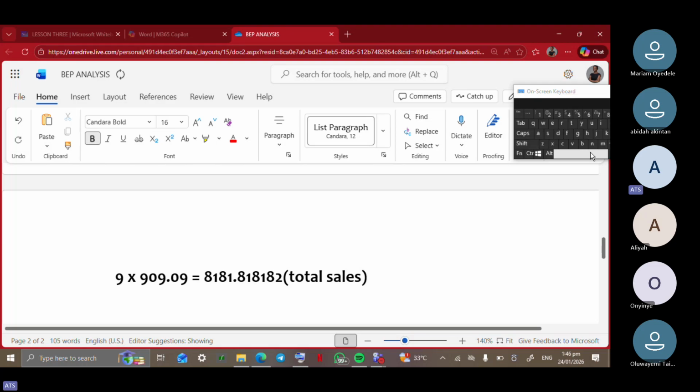Now, what is your variable cost? Your variable cost is going to be 5 times 909.09, which is 4545.45, right? Yes, ma'am. This is your variable cost.